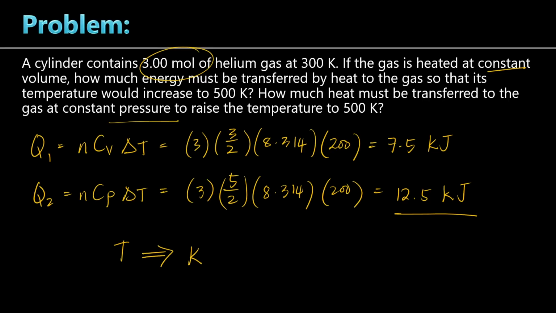And one more thing, consistency sa unit. Kung lahat yan ay SI, dapat SI units. Kung gusto mong gumamit ng liters at atmosphere, dapat ang gagamitin mong R is yung 0.0821 para ang sagot nating makukuha is tama. Okay? So that ends our discussion for this topic.